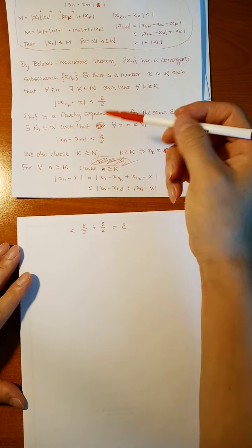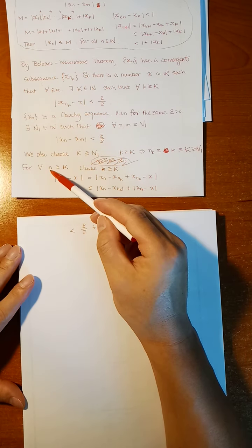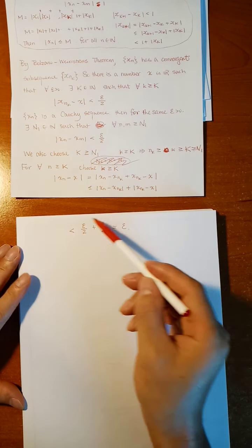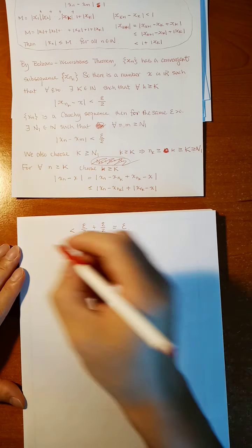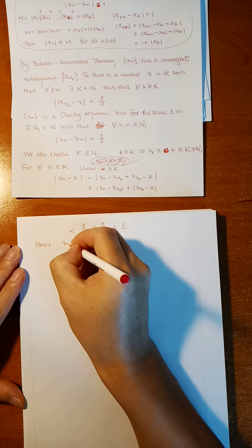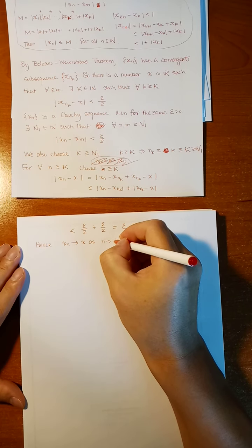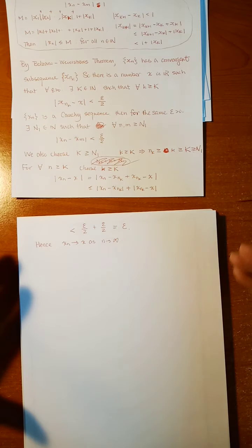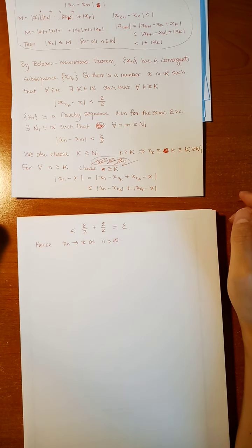See? For any epsilon, you have an integer capital K. For all n greater than capital K, the distance between xn and x is less than epsilon. So xn converges to x as n approaches infinity.